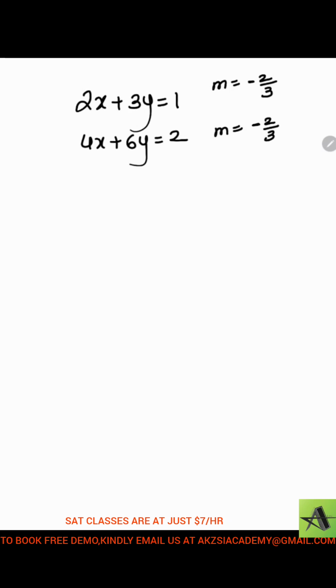If they are sharing the same gradient, that means they can be parallel or they can be overlapping lines. Gradient, slope, which means steepness with the x-axis. What angle is it making with the x-axis? If they both share the same gradient, that means they both have the same inclination. Same inclination, that means your lines can be like this.